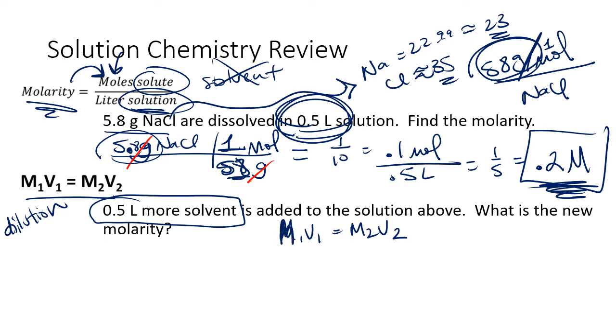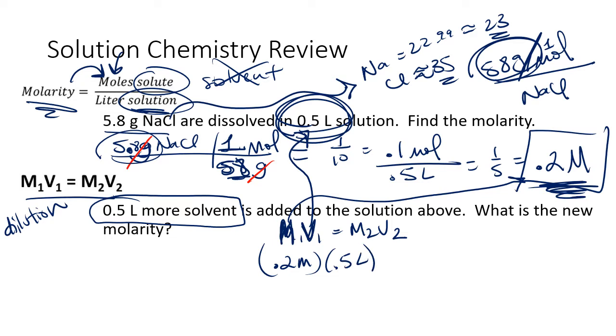M for molarity 1, V for volume 1. That's what we're starting with, and that's going to be my 0.2 molar from my original solution and 0.5 liters, our original volume. I'm going to set that equal to M2, which is what I'm trying to find. I don't know what that is yet, so I'm just going to leave M2, and then I'm going to multiply that by volume 2.